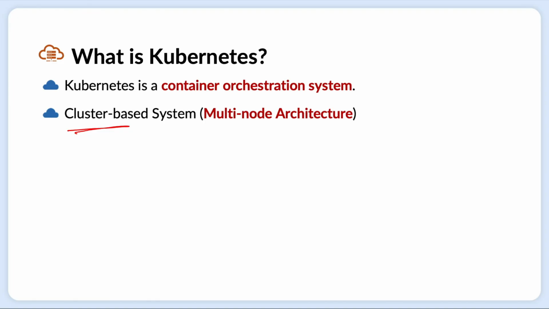Now let's understand all the different problems we have been facing with Docker. If you remember, the first problem was single host, right? Now we understood Kubernetes helps run our containers on multiple nodes in a cluster-based system, so we don't have the problem of one node failing.